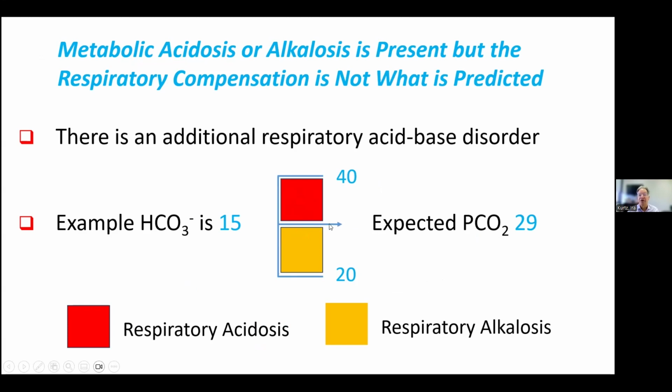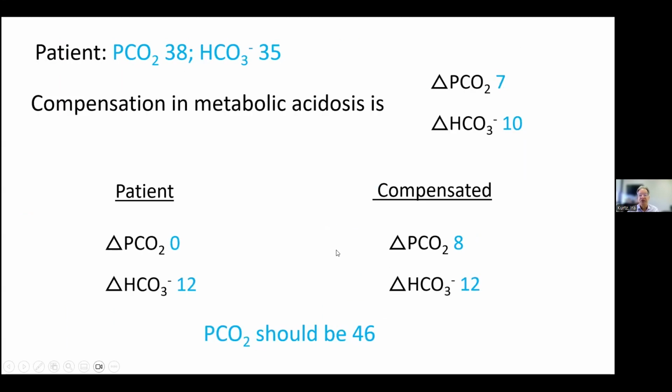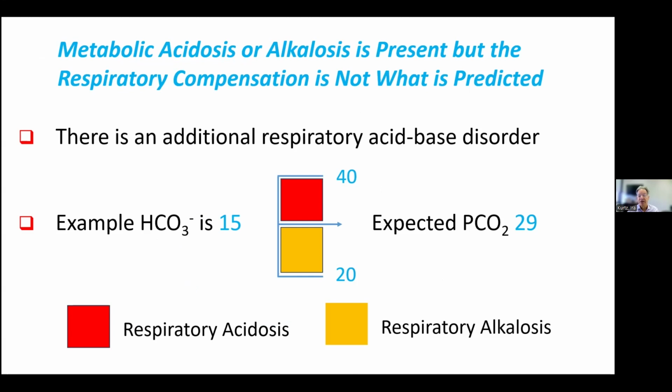And remember that this 46 becomes your new norm. So everything above 46 becomes respiratory acidosis, and everything below 46 becomes respiratory alkalosis. So the fact that the patient's PCO2 was 38 means you don't just say she's normal.